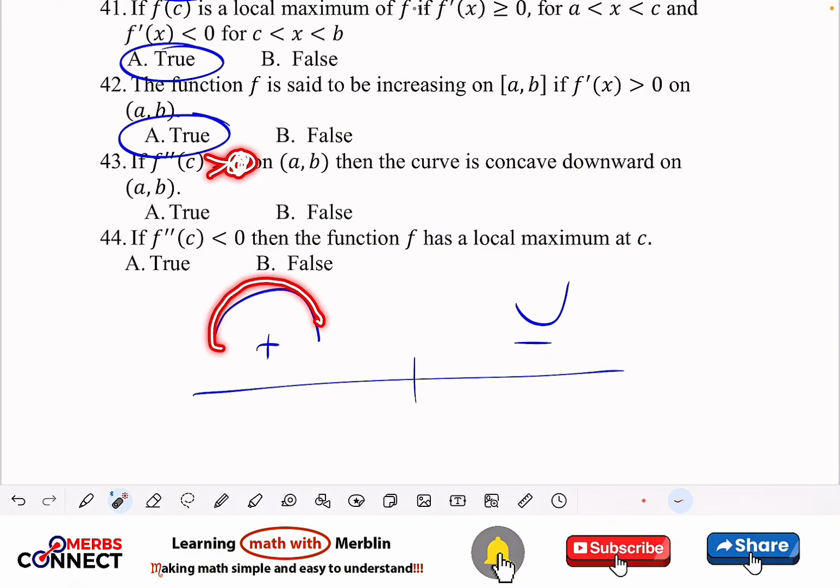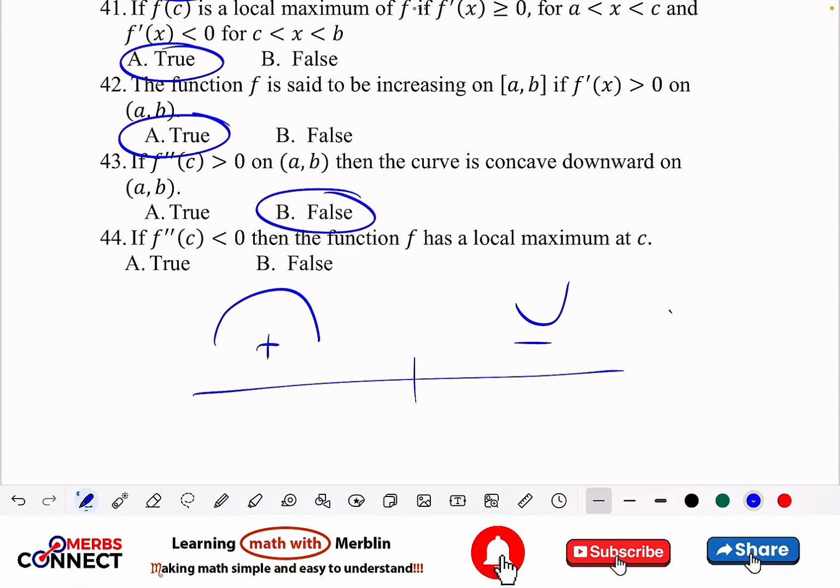Is it minimum? Yes, when this one is greater than 0, it's going to give us minimum. Okay, so this one is going to be false, because when we put this one inside and it is greater than 0, this is minimum. So minimum should be something like this.